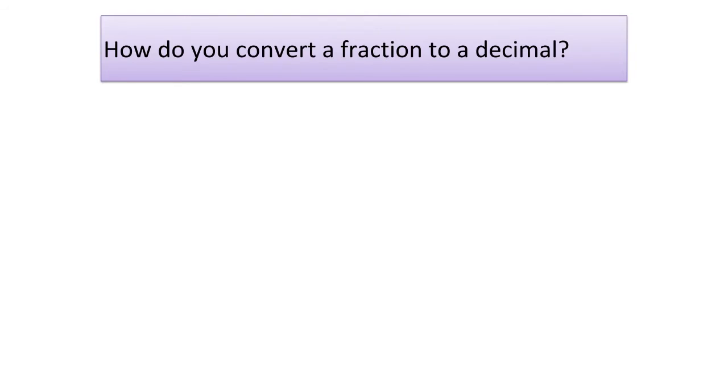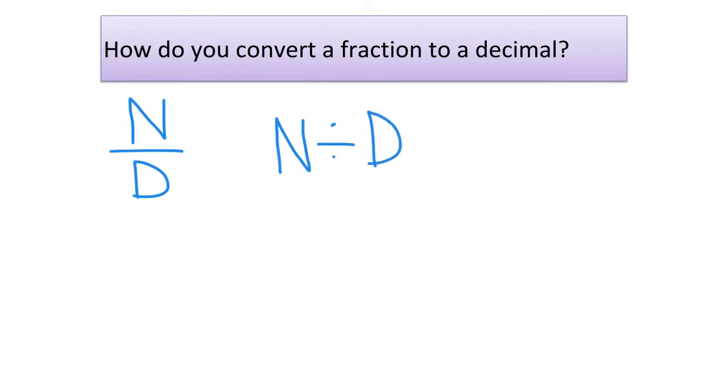If you remember that when we have a fraction, we have a numerator and we have a denominator. To convert a fraction to a decimal, we are going to take the numerator and divide it by the denominator. If you're doing this by hand, it's good to use the division box. The numerator would go inside and the denominator would go on the outside.